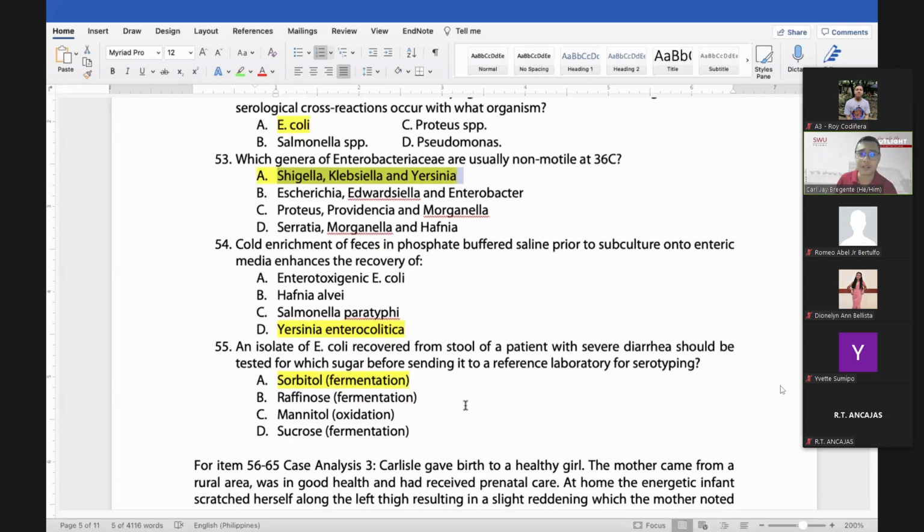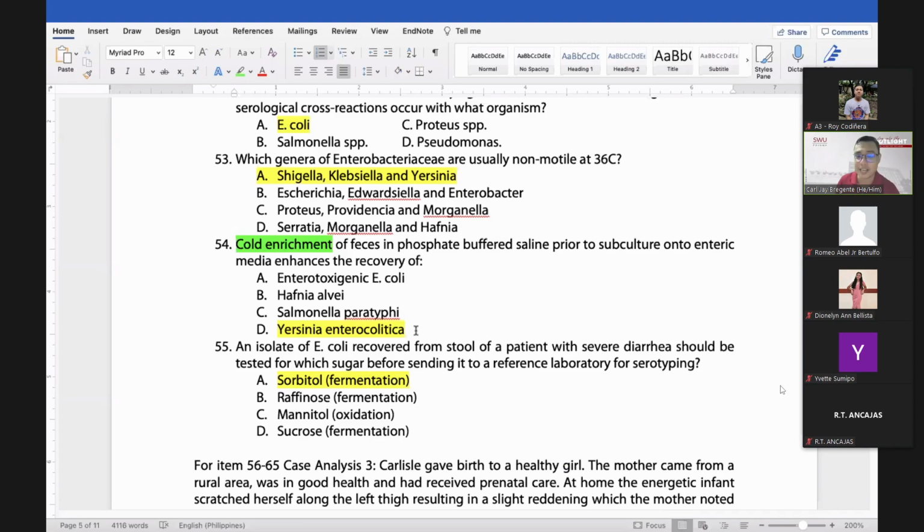Cold enrichment of feces in phosphate buffered saline prior to subculture onto enteric media enhances the recovery of Yersinia enterocolitica. Remember, class, when it says cold enrichment and the choices are most likely enterics, the answer right away is Yersinia.